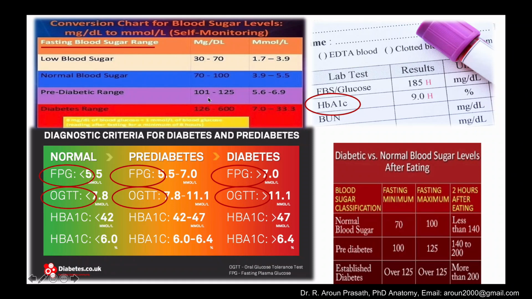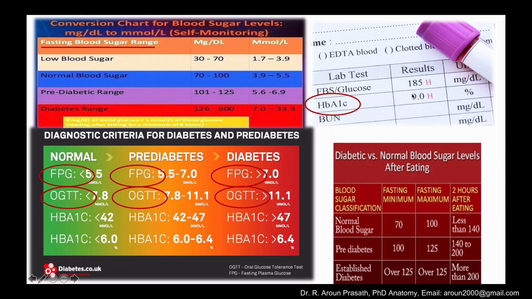So this hemoglobin A1C is the value that is tested to show the 3-month glucose status. For example, it should be around 4 to 7, but if it is more than 7, that shows the patient has uncontrolled diabetes.